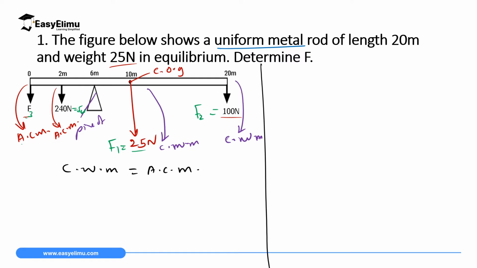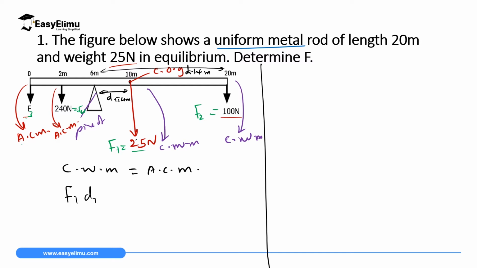If we use the principle of moment, then clockwise moment, that is F1. The distance from the 25 where we have F1 to the pivot is 10 minus 6, that is 4. Let's call it D1, which is 4 meter. Then the second distance, D2, is from 20 to 6. That will be 14 meter.